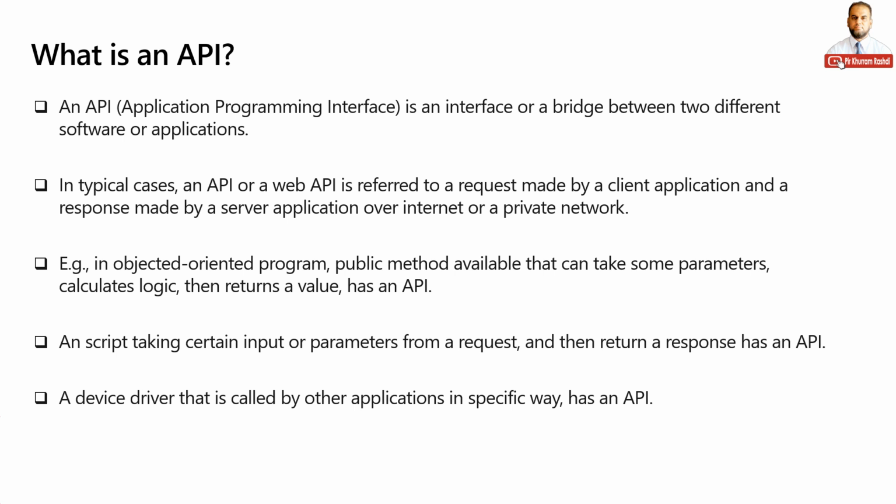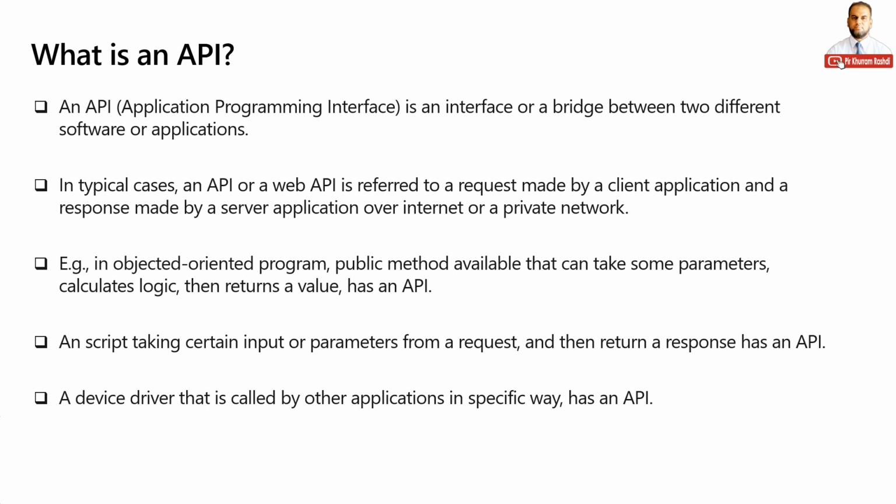So an API is an interface through which you can communicate from one system to another, because two different systems can be incompatible with each other, developed on different technologies. So there must be some bridge between two different software or applications. That is basically the application programming interface, which helps in communicating between two different systems or applications.